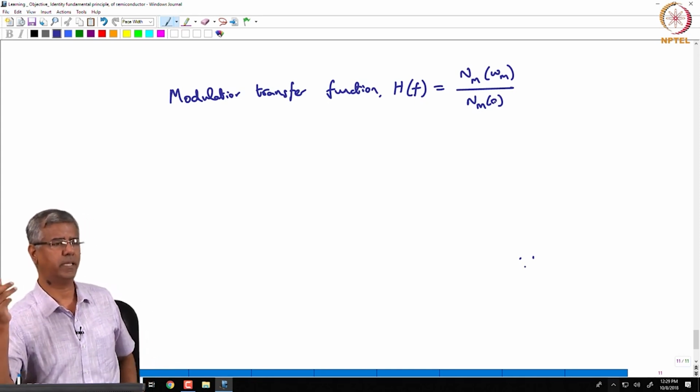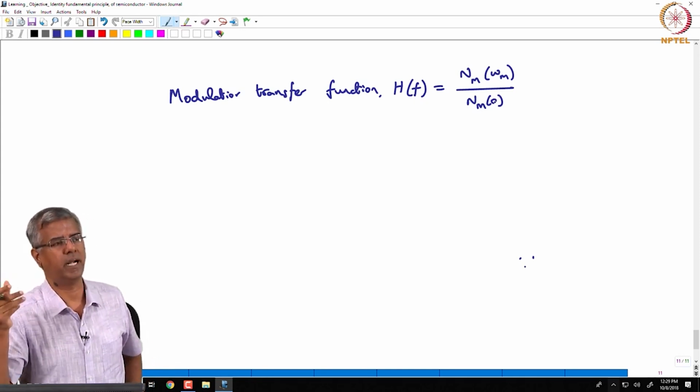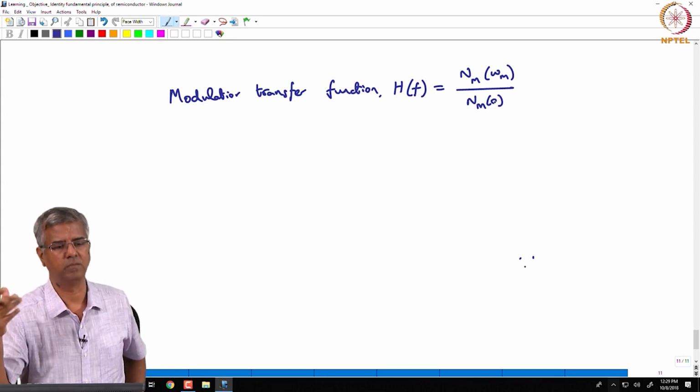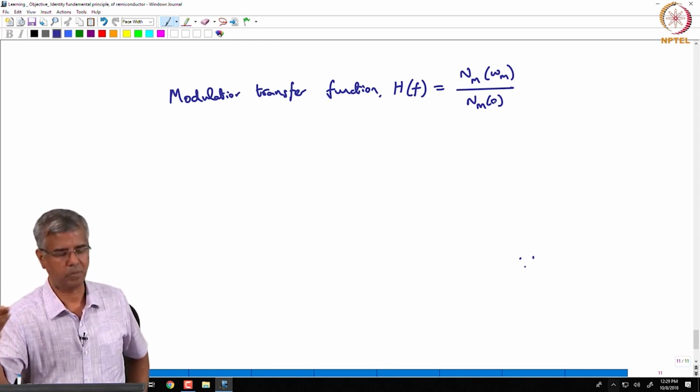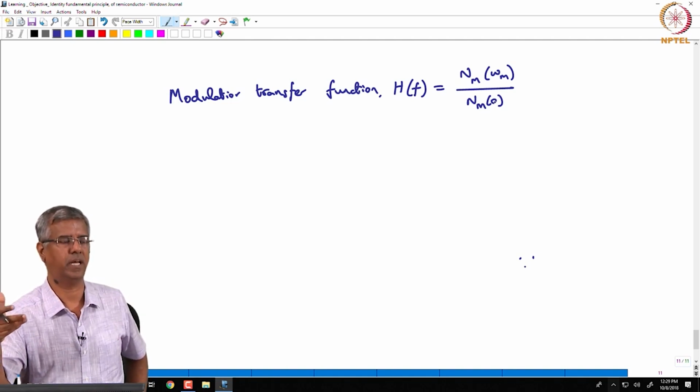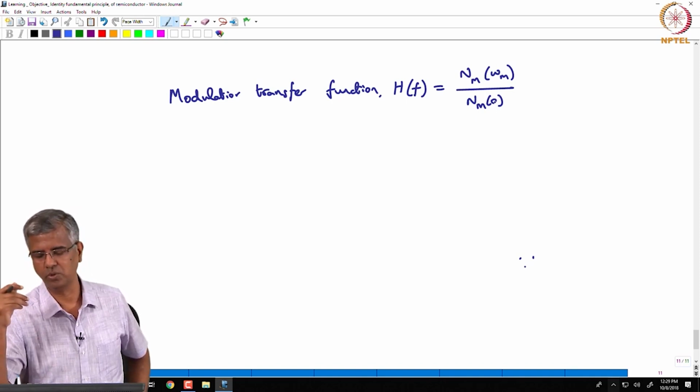Either my recombination process takes some time, so there is some phase lag with respect to the injection, or my non-radiative relaxation happens, and that also introduces a phase lag.